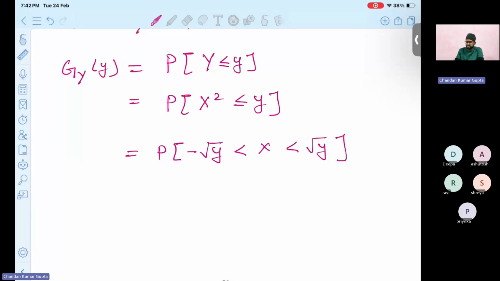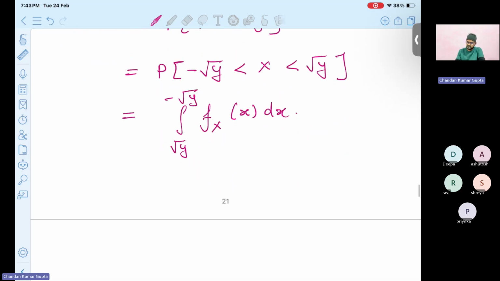Obviously, this can be written as the integral from minus root y to root y of f(x) dx. Simple question, just the formula. We can write it as the integral of 1 upon pi times 1 upon (1 plus x square) dx.